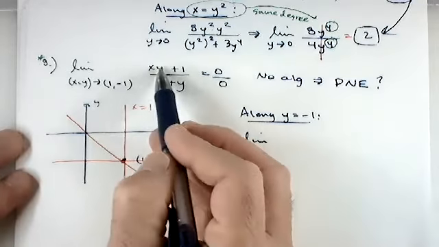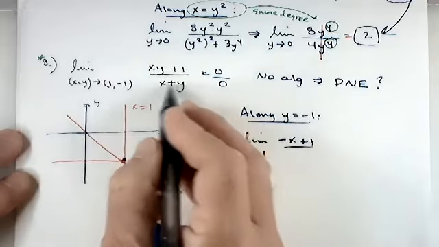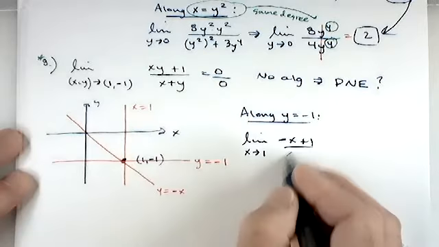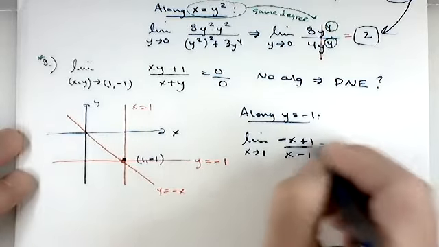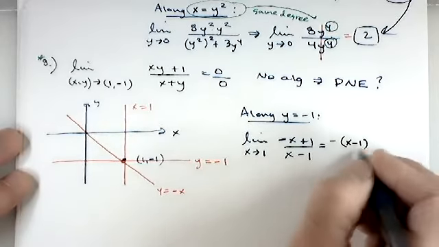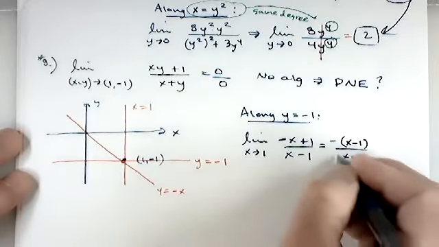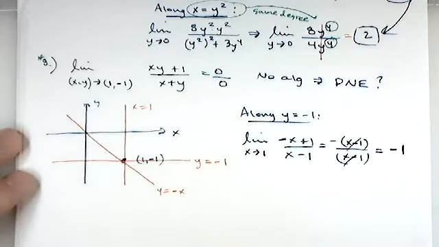If y is -1, this is going to be -x plus 1, and the bottom is going to be x minus 1. And negative x plus 1 is the same thing if I factor out a negative of negative quantity x minus 1. So that limit's going to give me negative 1.